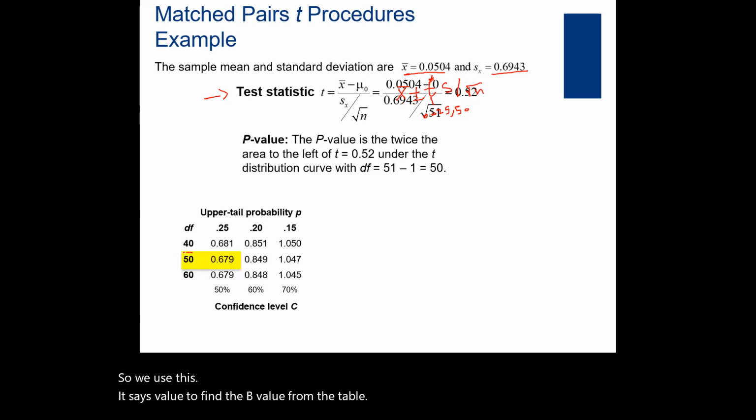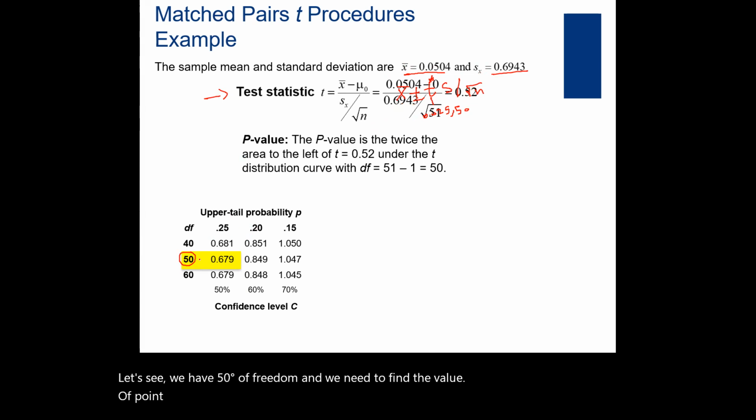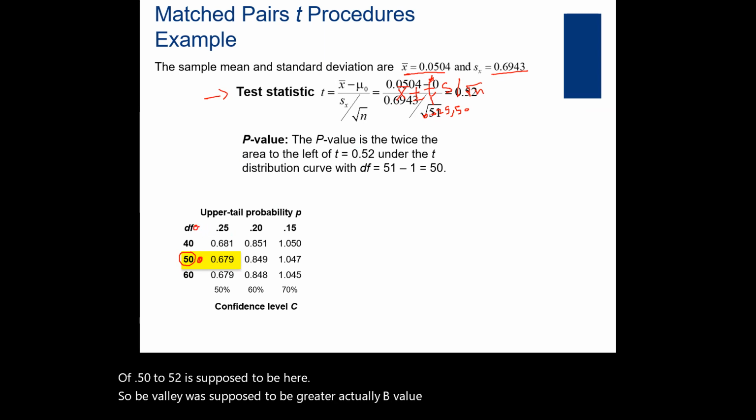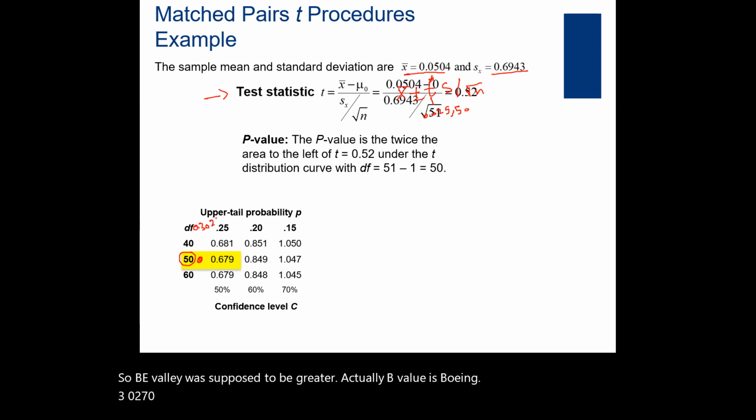Let's see, we have 50 degrees of freedom, and we need to find the p-value of 0.52. The p-value is supposed to be greater. Actually, the p-value is 0.3, 0.327 exactly. Let's say it's 0.3, because we have a two-sided test.